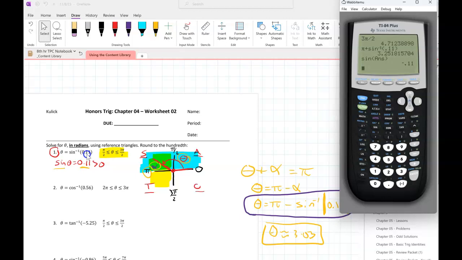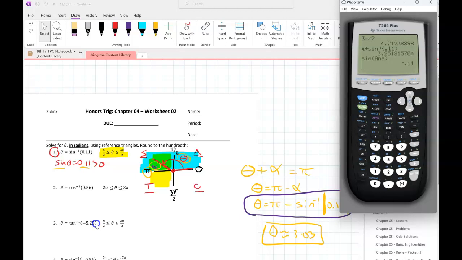That's a cue that you messed something up, and the easiest place to check is either I have the wrong alpha, or I added alpha when I should have subtracted, or subtracted when I should have added, or in a problem like number 3, if you forgot to do the absolute value and did tan inverse of negative 5.25 instead of positive 5.25.